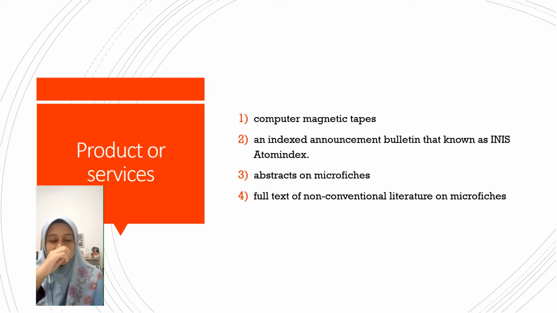The second product is an indexed announcement bulletin known as INIS Atom Index. This product is issued once each month, and it provides an ordered record of all items that have been identified in the magnetic tape product.